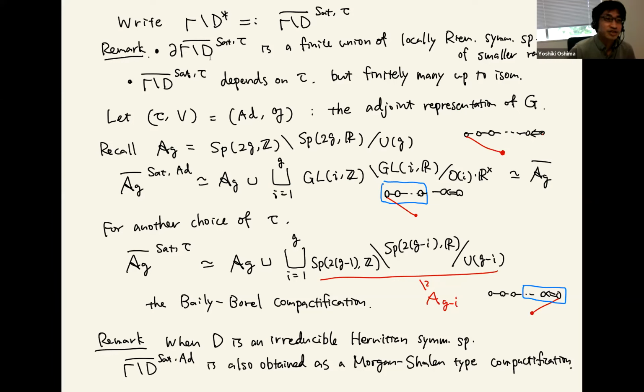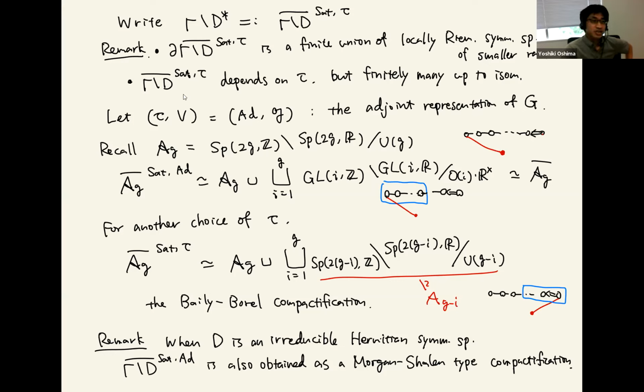The boundary of this compactification is a finite union of locally Riemannian symmetric spaces of smaller rank. So there is such a finite stratification. And we should also remark that this compactification depends on the choice of irreducible representation tau. But most of them are actually isomorphic.